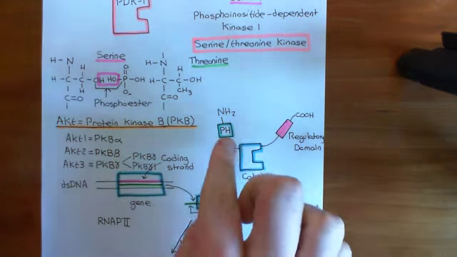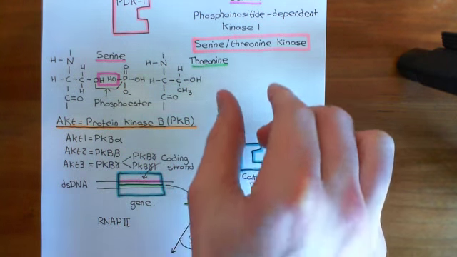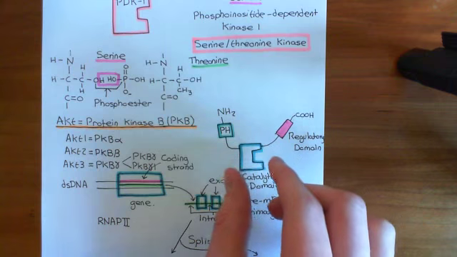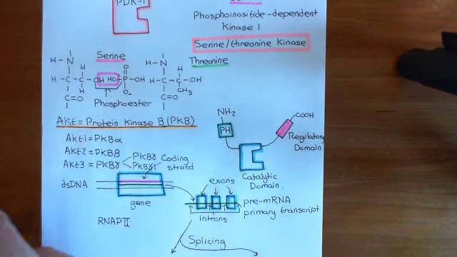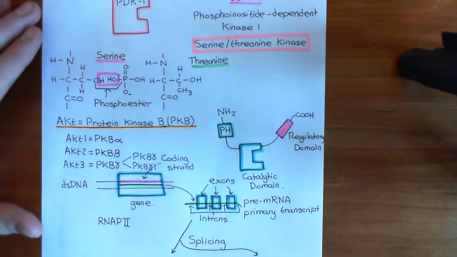Now, when PIP3 arrives in the membrane, that is going to result in the protein kinase B enzyme being moved up to the underside of the phospholipid bilayer, because its pleckstrin homology domain will bind to the PIP3. Okay, however, that is not enough to activate the protein kinase B. To activate the protein kinase B, it needs to have certain residues phosphorylated.